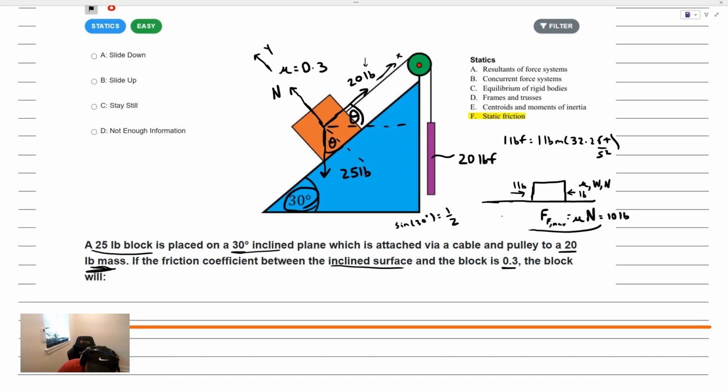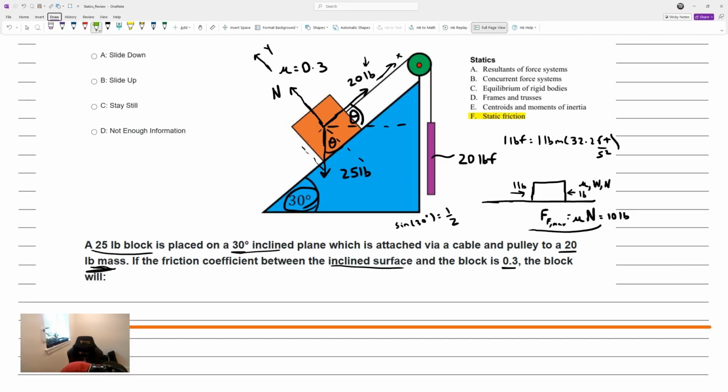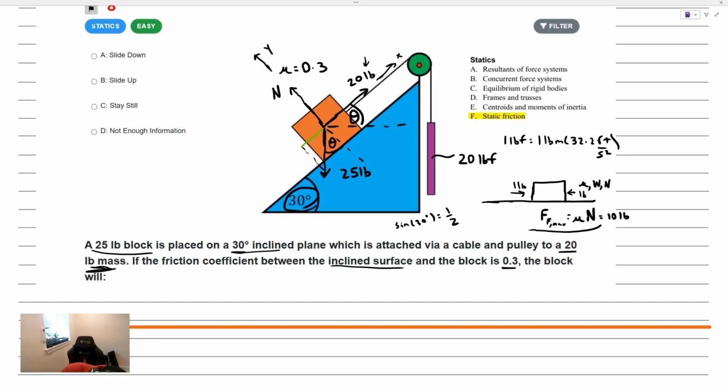If I look at the difference between this 20 pounds and the 12.5, let me draw this in a different color so it's more clear. This 25 pounds could be split up into this, which is 25 sine of theta, that's going to be equal to 12.5, or 25 divided by 2.